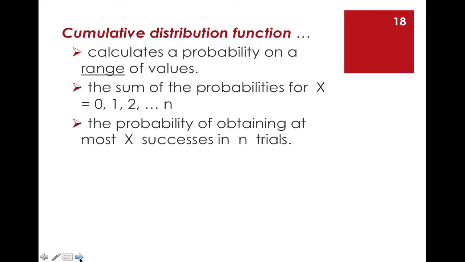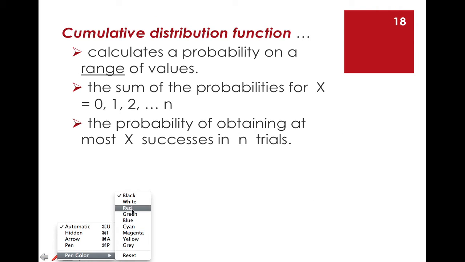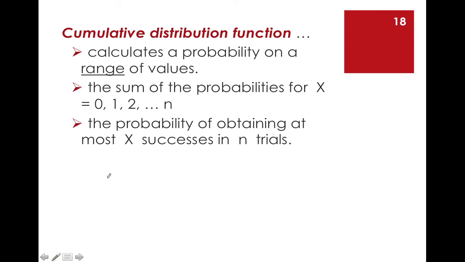So what you have are two different problems you're going to come across. You're going to have these cumulative distribution functions, in which you're trying to solve problems like we just looked at.